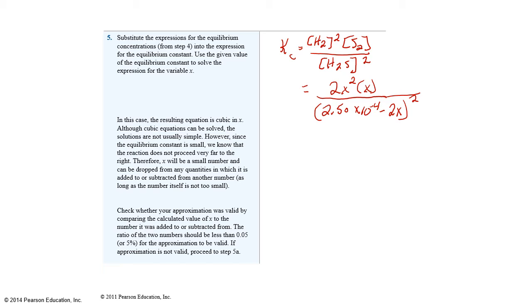So our equilibrium constant is 1.67 times 10 to the minus 7. We're going to make an approximation to simplify our math.